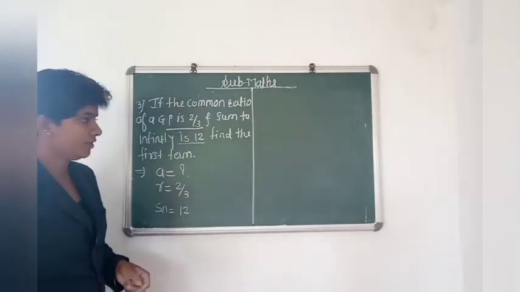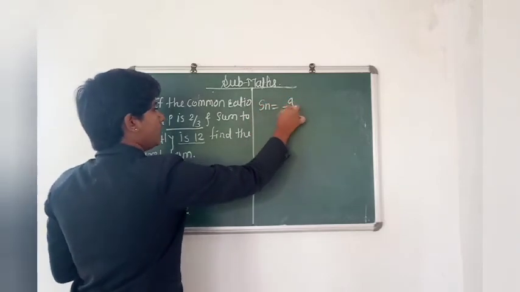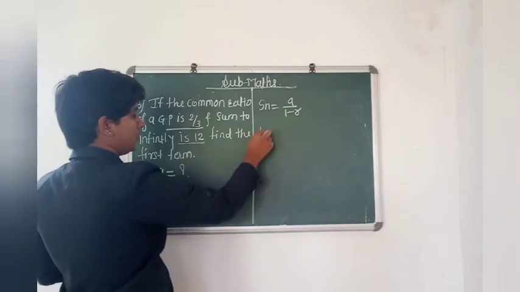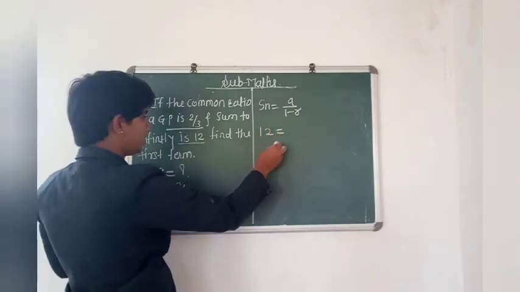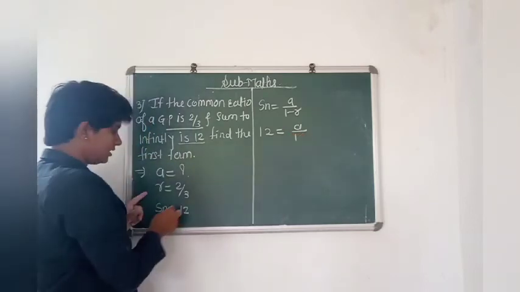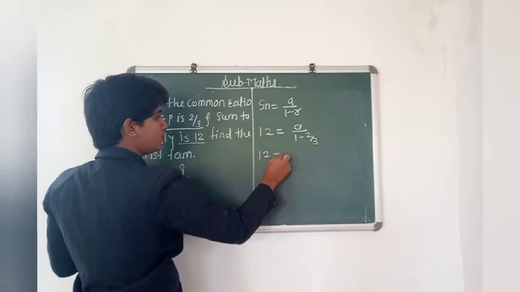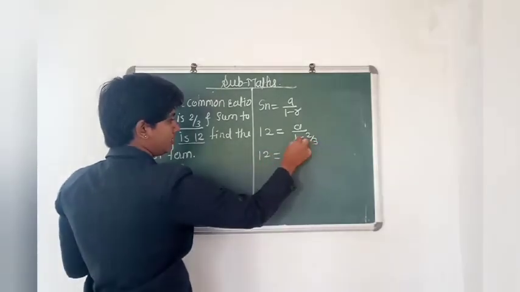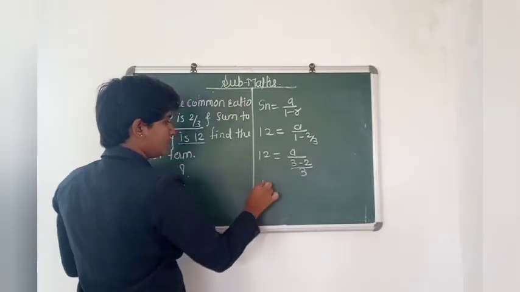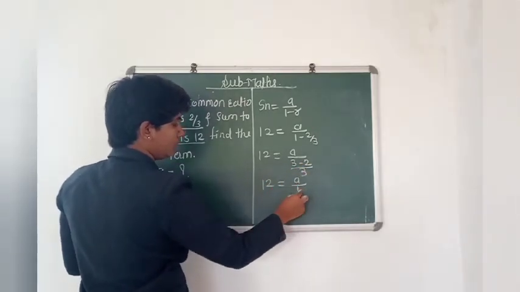So using the formula S infinity is equal to a upon 1 minus r, substitute all the values. 12 is equal to a, the first term we have to calculate, upon 1 minus the value of r, which is 2 by 3. So 12 is equal to a divided by, 3 into 1 is 3 minus 2 upon 3. That means 12 is equal to a upon 3 minus 2, which is 1 by 3.